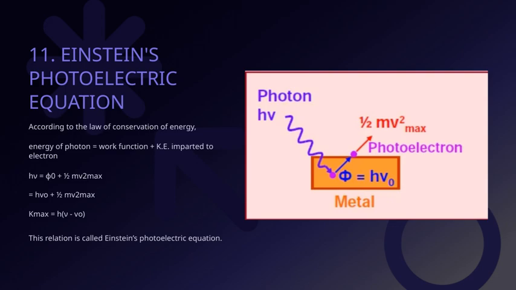And according to the law of conservation of energy, the total energy from the photon gets distributed between overcoming the work function and providing kinetic energy to the electron. This equation is fundamental because it confirms that light behaves as quanta of energy, and it explains how electrons are emitted when light hits a metal surface, which is a core concept in understanding the photoelectric effect.